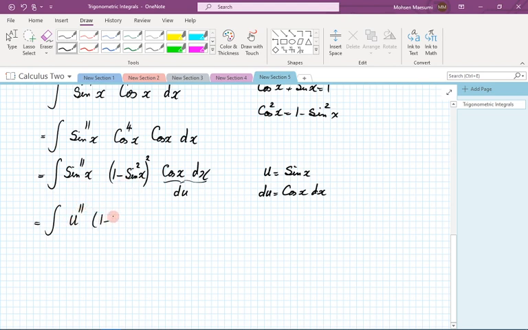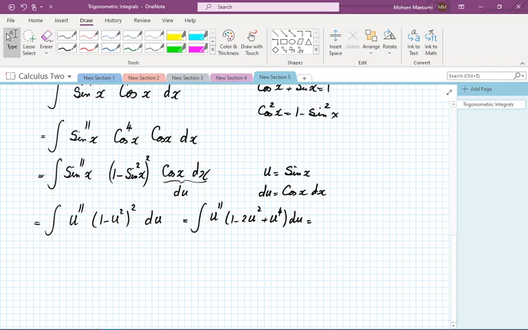This was 1 minus u squared, and this is du. Now we see the light at the end of the tunnel, because I can open this thing, multiply, and I have just a polynomial integration, and that's the easiest type. So I have u to power of 11, 1 minus 2u squared plus u to the 4 du, and from here on it's just downhill.